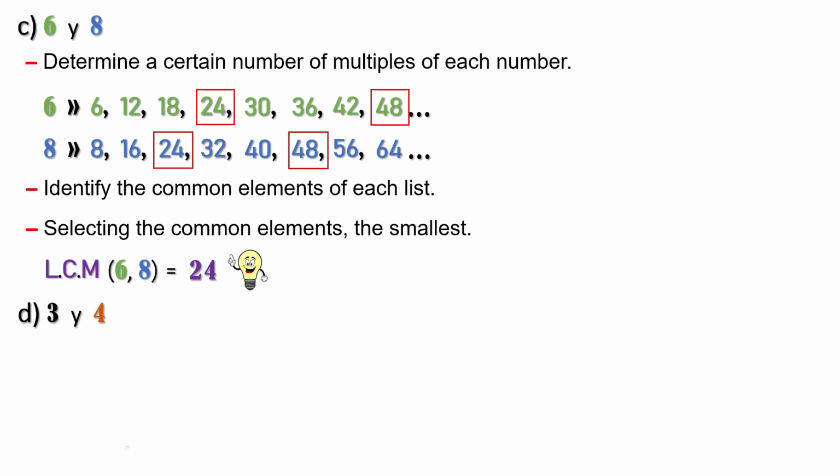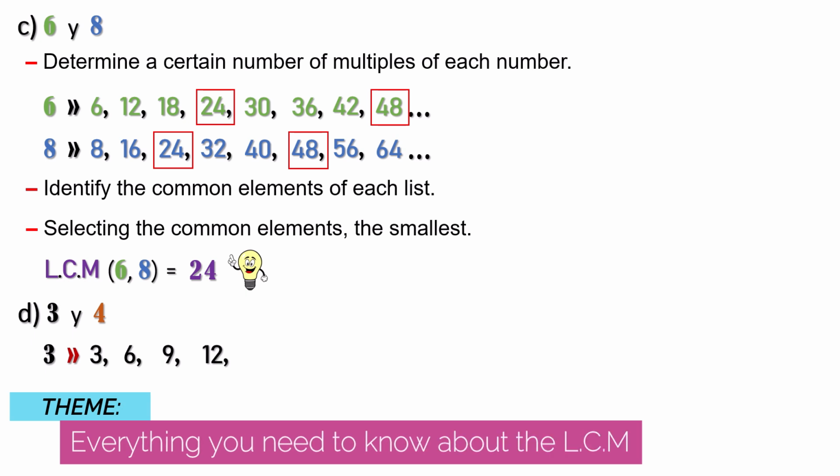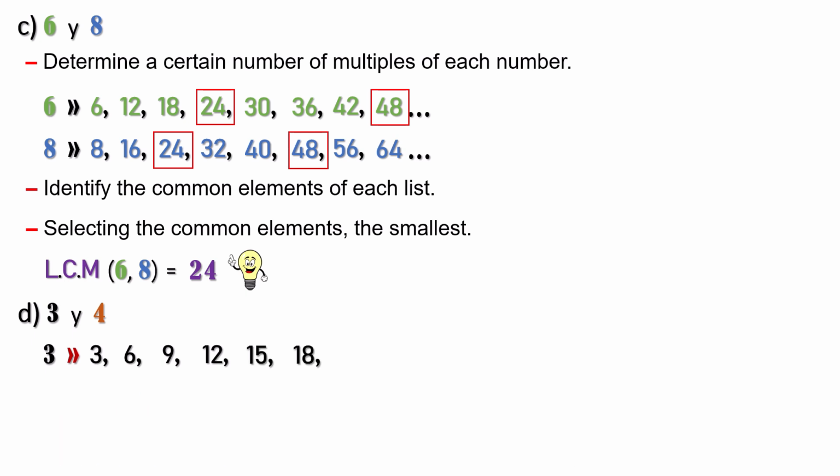Using the same procedure, we have that some multiples of 3 are 3, 6, 9, 12, 15, 18, 21, 24, and so on.